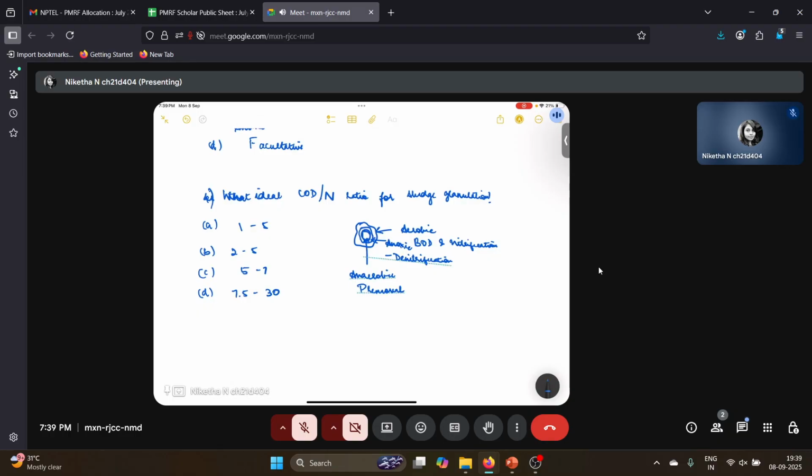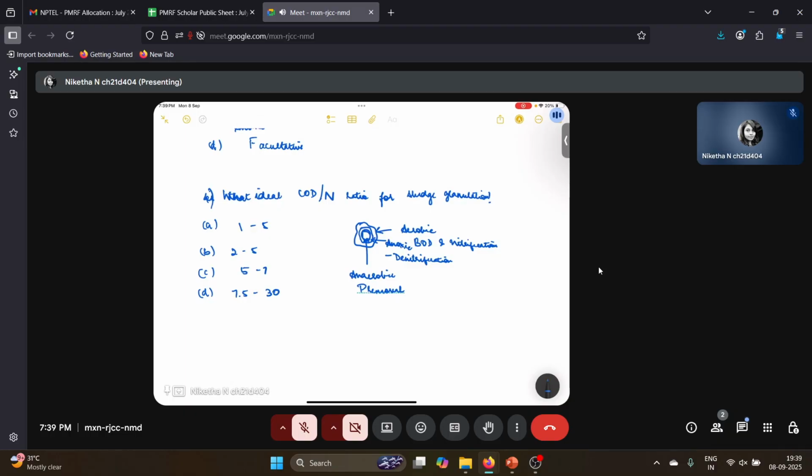So this is granulated sludge, and this is very useful because here all the processes are taking place in a concentrated manner so that it's not spread out, and so the area requirement is also going to be lesser. The biomass is also highly dense and tightly packed, and this ensures that the process is also more efficient.